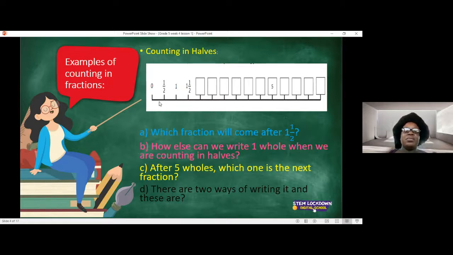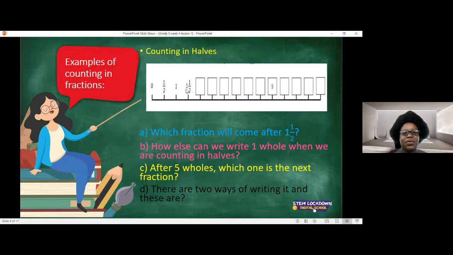From 0 we go to half, and then half plus half, I get 1, and then from 1 I add another half. Remember, we are counting in halves, so if I add a half to 1, I get 1.5. And then if I add another half to 1.5, I'm going to get 2 wholes. So you can either say 2 wholes or you can say 4/2.